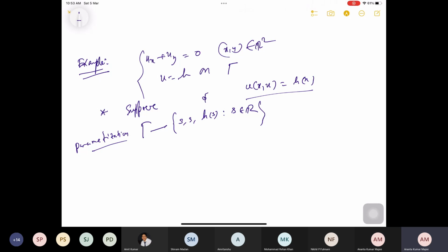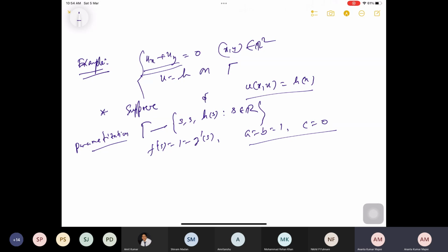In that case, f of s is equal to s, g of s is equal to s, hence f prime of s is equal to 1, which is equal to g prime of s, and in this case a is equal to b is equal to 1 and c is equal to 0, from the given PDE. So b f prime of s minus a g prime of s is equal to 0. Hence the Jacobian is 0.